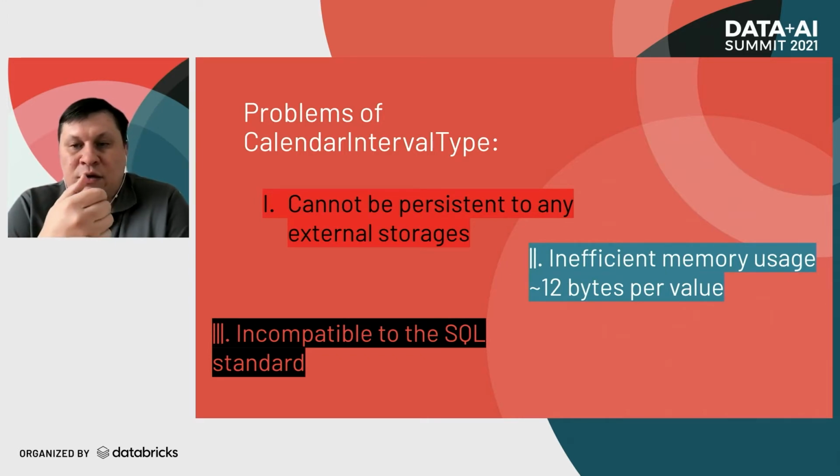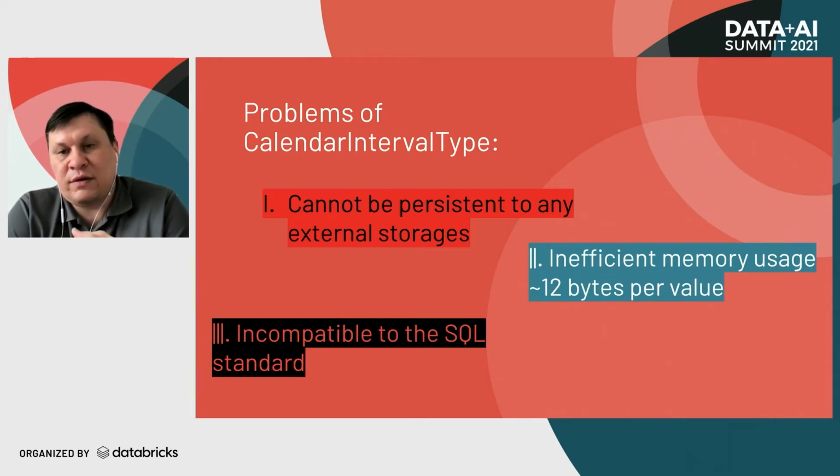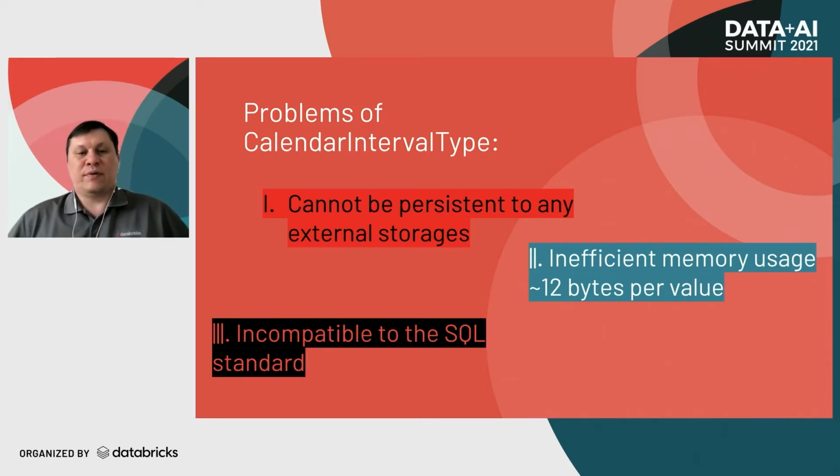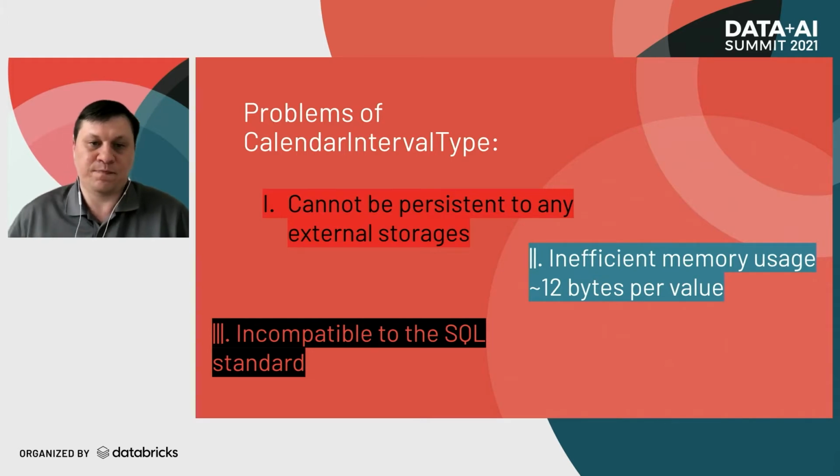In total, each record of calendar interval type consumes 12 bytes per value. This is pretty huge compared to other primitive types. And another problem is that the current interval type is not compatible with the SQL standard, unfortunately.